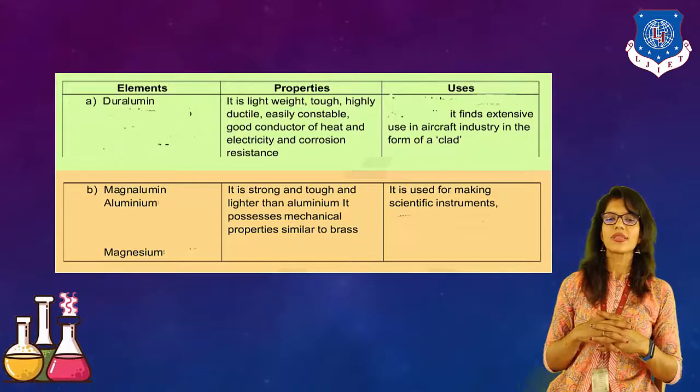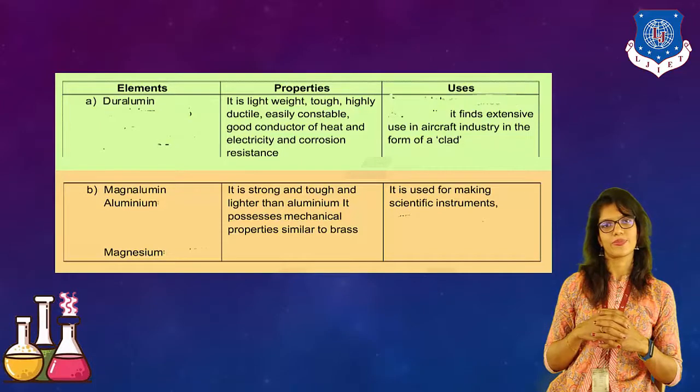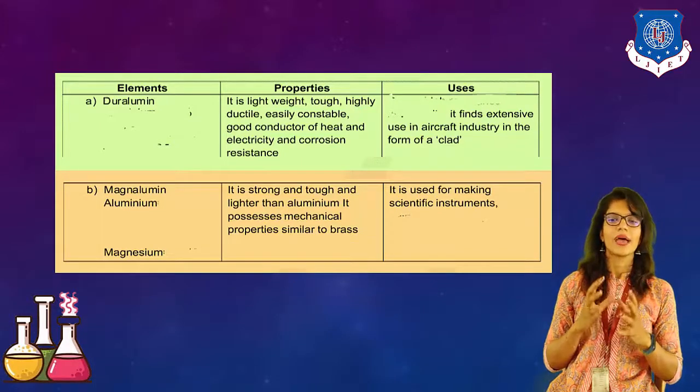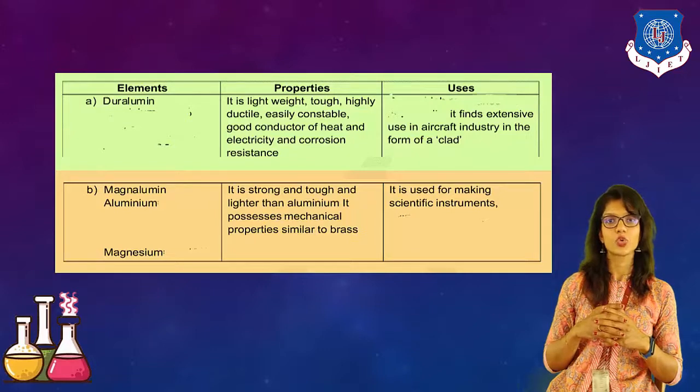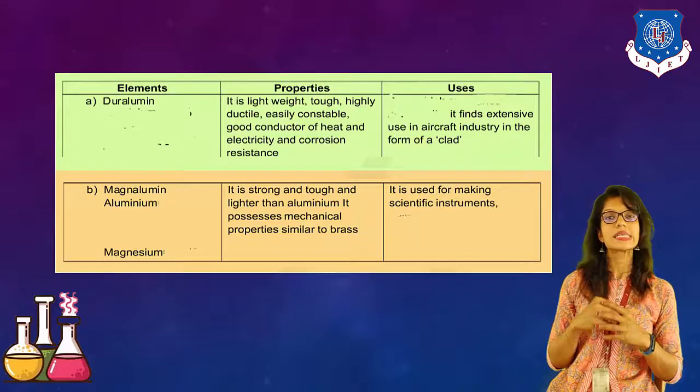Duralumin is lightweight, tough, highly ductile, easily castable, a good conductor of heat and electricity, and has very good corrosion resistance. It can be used extensively in the aircraft industry in the form of clad. Generally, it is used to manufacture lightweight aircraft. This is its property.